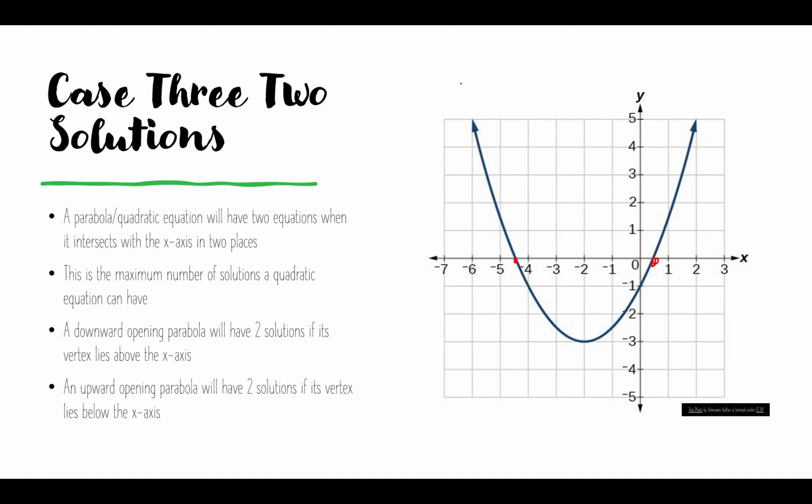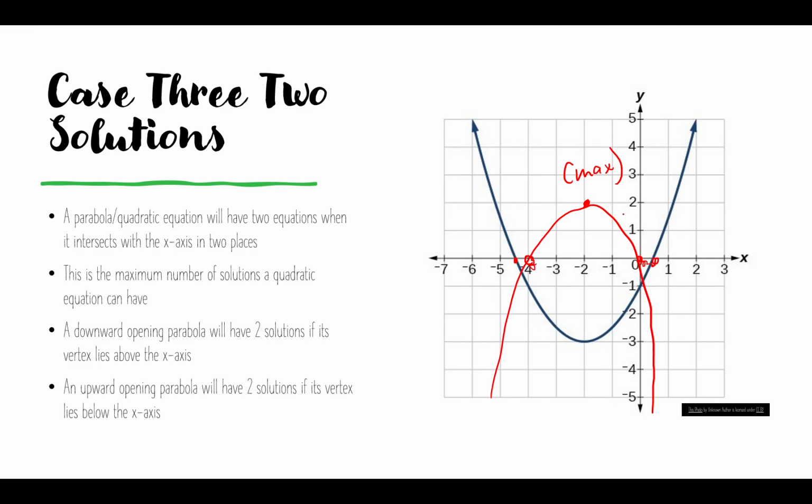A downward opening parabola, such as one that looks like this, will have two solutions if its maximum point or its vertex lies above the x-axis. As you can see, if its vertex lies above the x-axis, it will have opportunity to cross the x-axis at 2 points, here and here.